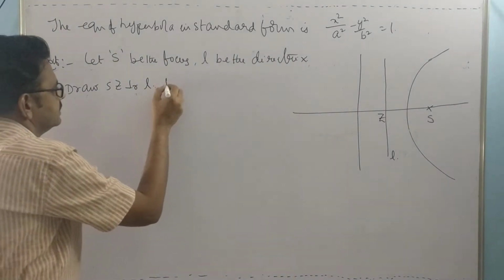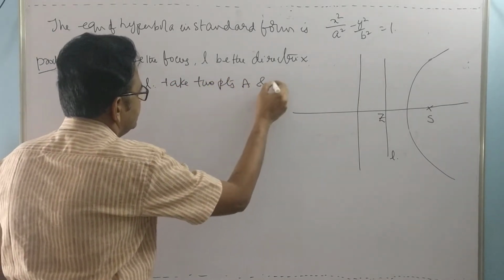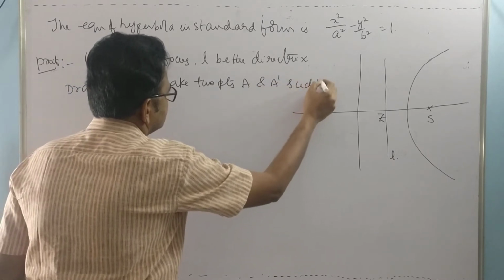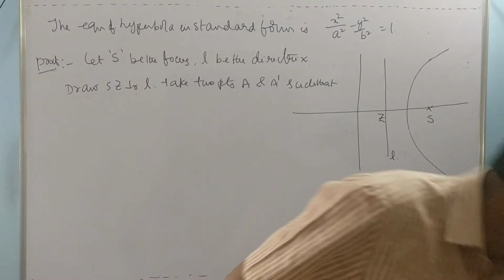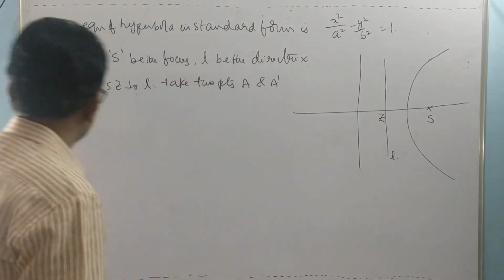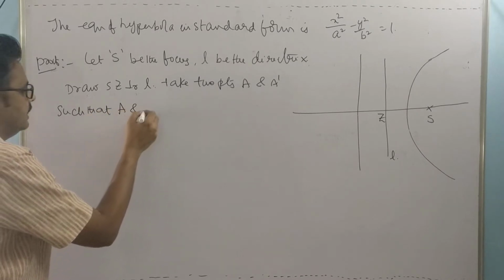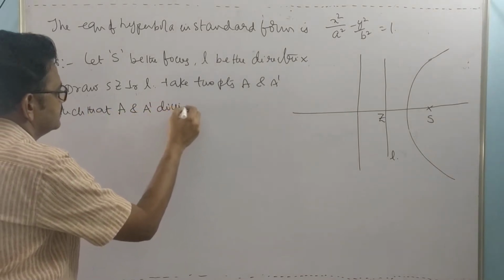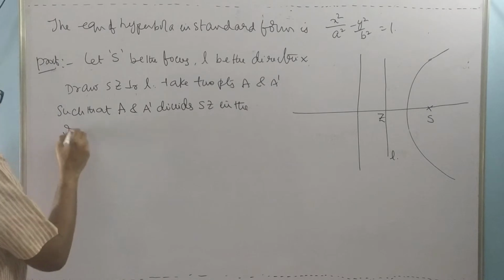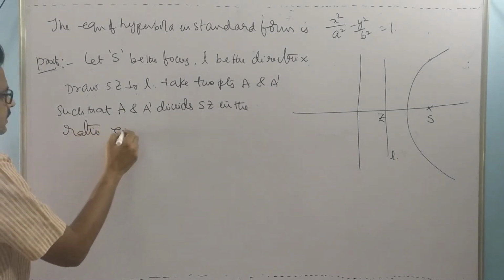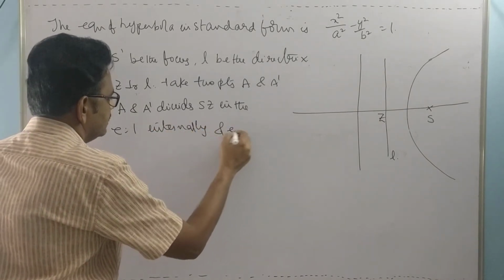Take two points A and A dash such that A and A dash divide SZ in the ratio e is to 1, internally and externally.